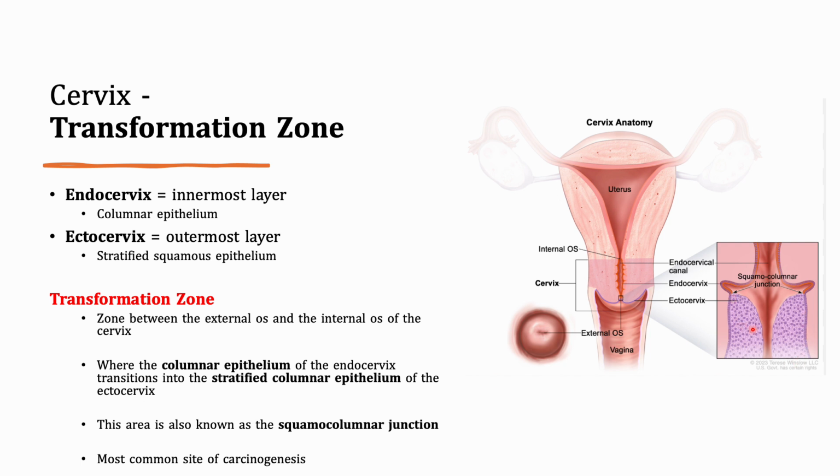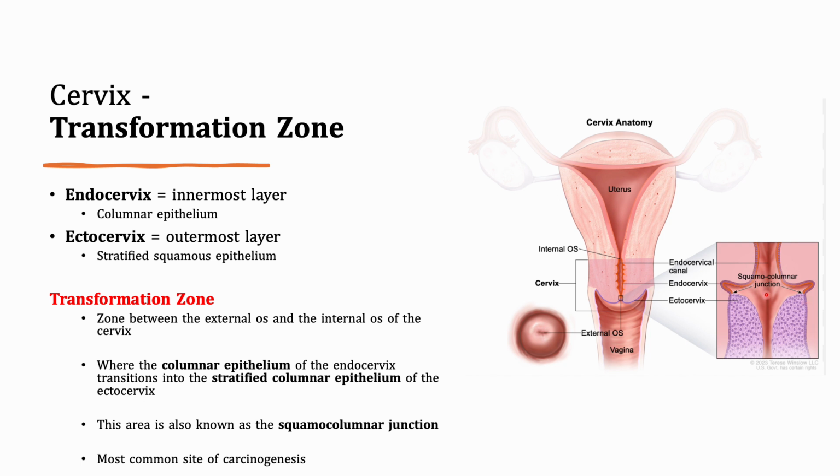So that's what's happening right here. So we have the inside of the cervix, the endocervix, it has columnar epithelium, and then it's going to transition right here into what the ectocervix is covered in, which is stratified squamous epithelium.